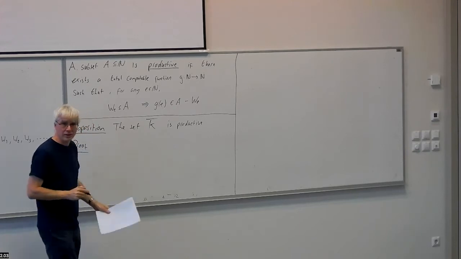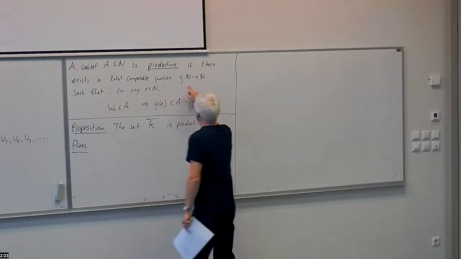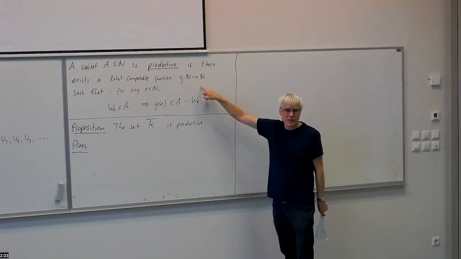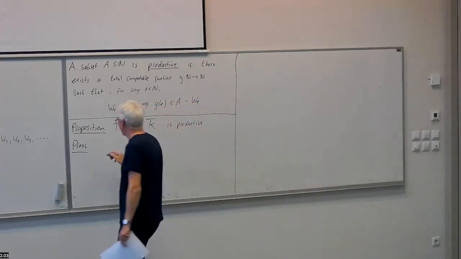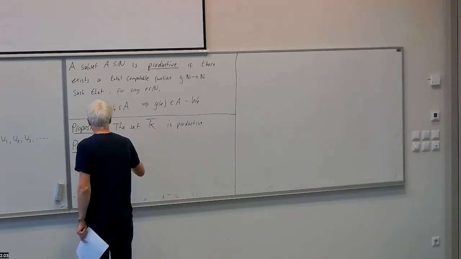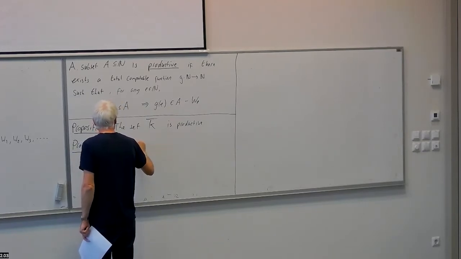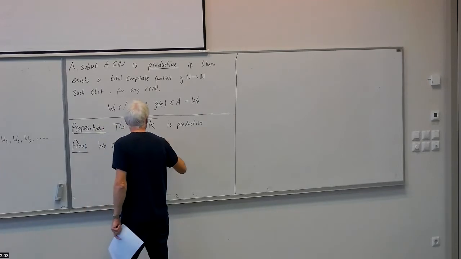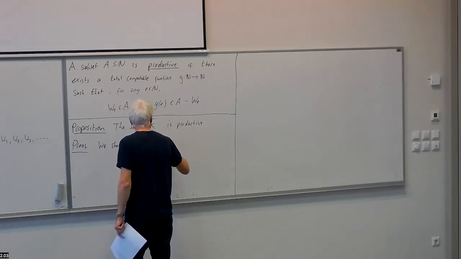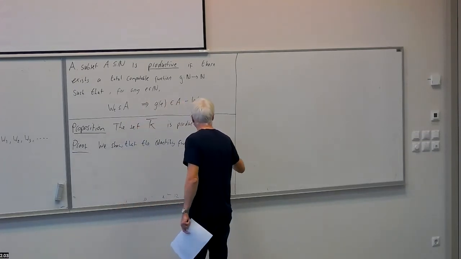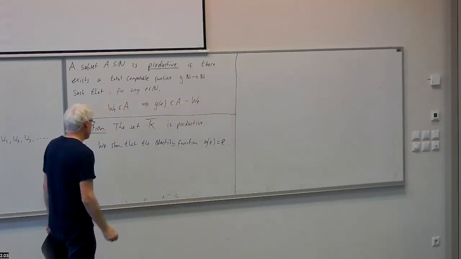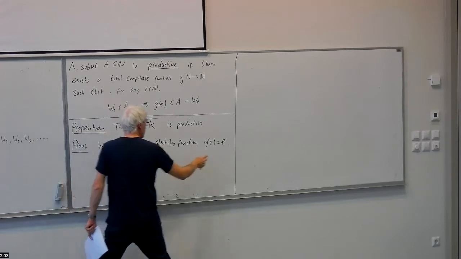I'm going to tell you at the start what the required computable function G is, and it's actually just the identity function. So the identity function, which we'll still call G, does the required job.